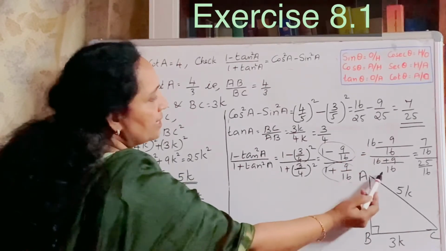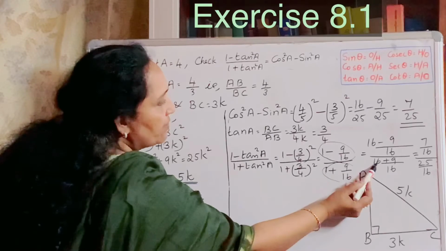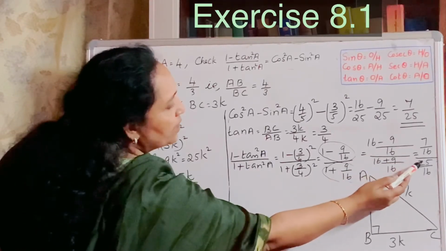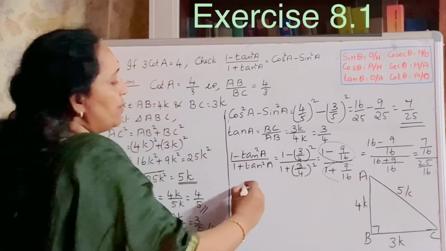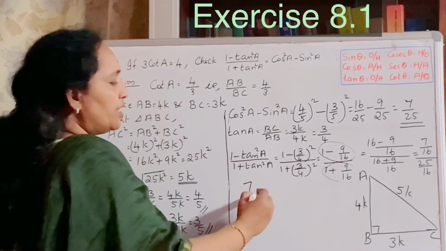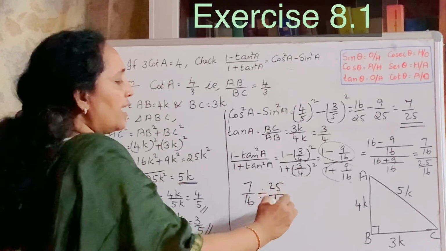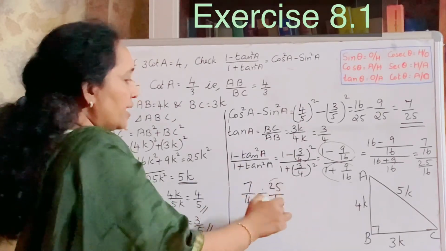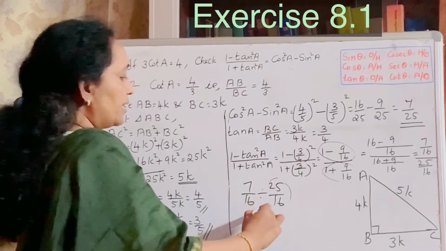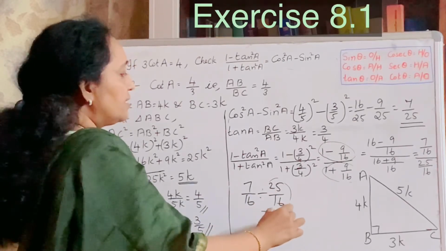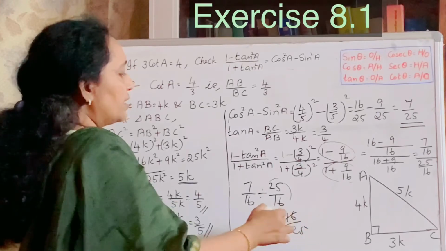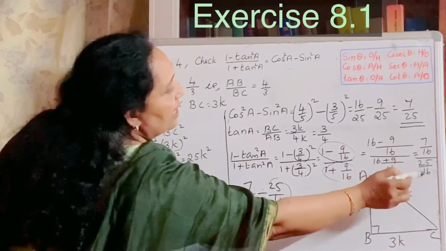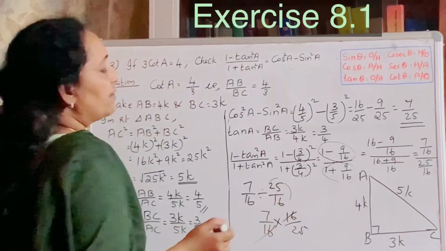Here also 16 is the LCM, so 16 plus 9. That is 7 by 16 divided by 25 by 16. How do we divide a fraction? Multiply by its reciprocal. So that is 7 by 16 into 16 by 25. Here you can cancel 16. So that is 7 by 25.